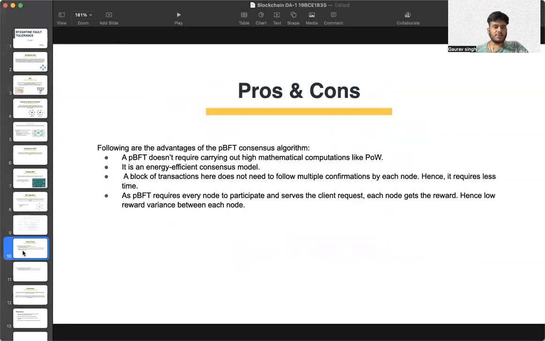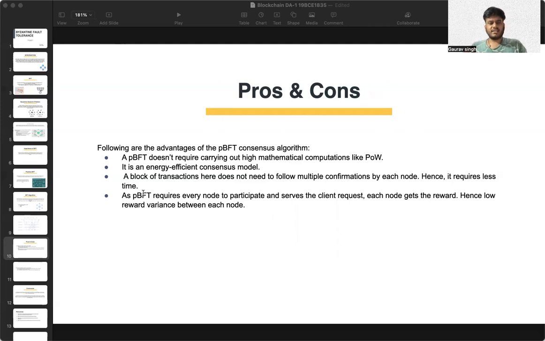So now coming to the pros and cons of the system. Some benefits can be that BFT doesn't require significant computing power or energy usage, because there aren't any miners solving complex equations for every block of transactions. So this makes it much more environment friendly than proof of work.